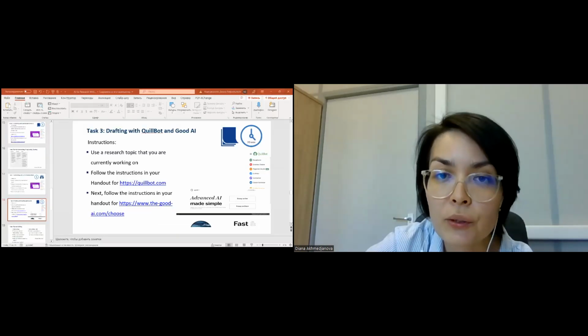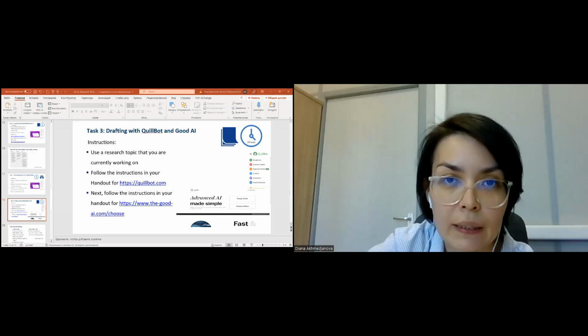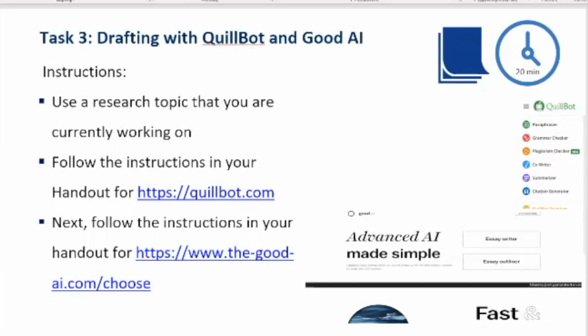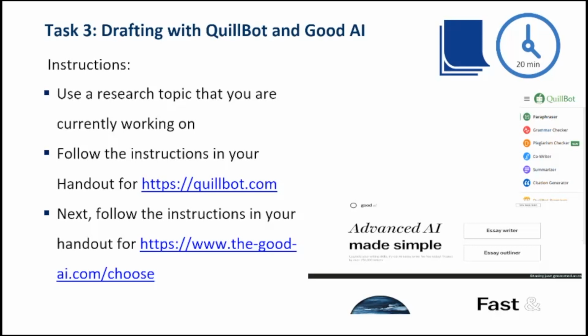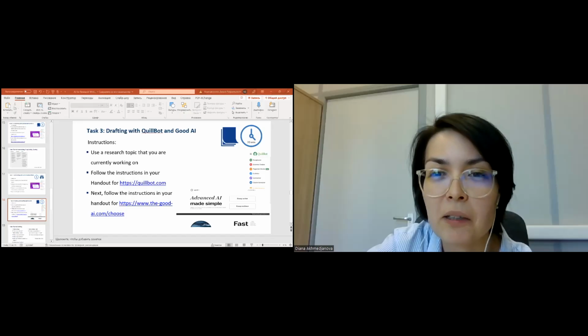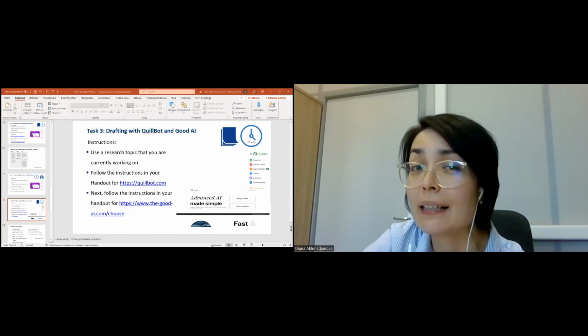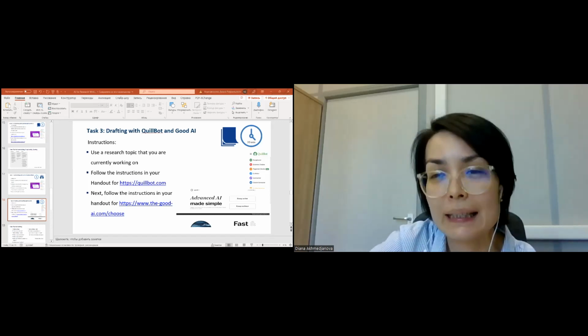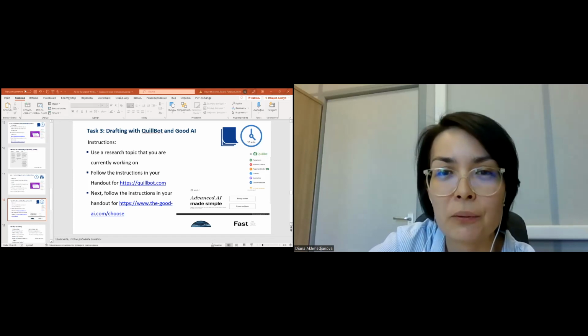In QuillBot, you will need to select the drafting option, and just follow this instruction. Yeah, and I highly recommend using the suggest text option just to see what kind of suggestions it would provide.